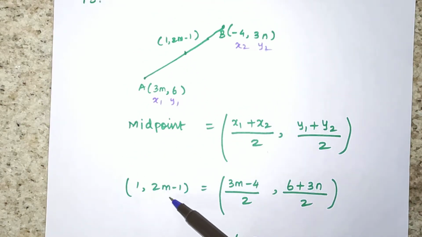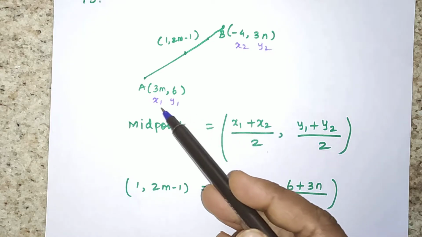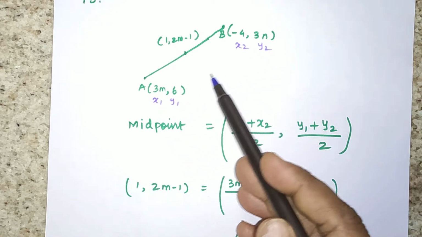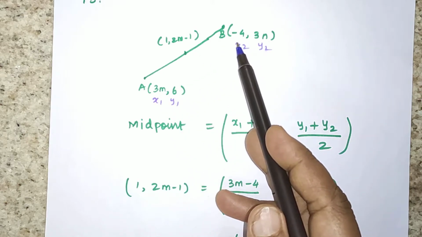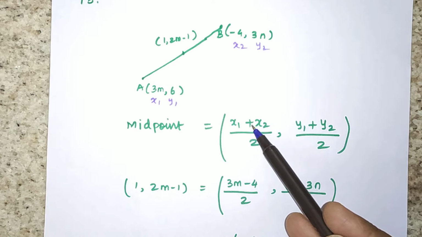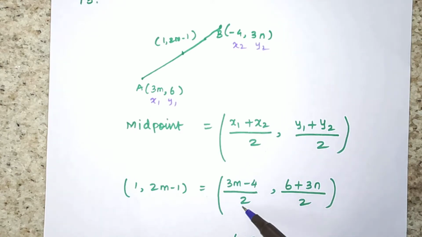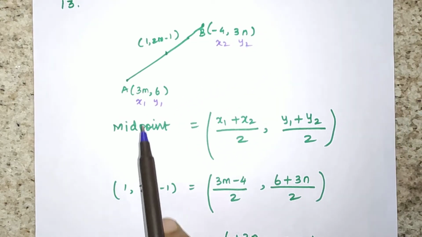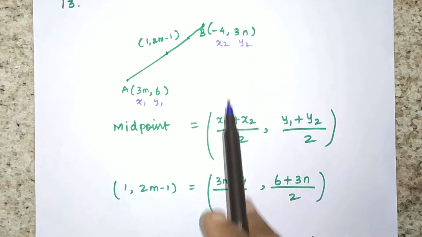So 1 comma 2m minus 1 is equal to, here you indicate this one as x1 y1, here x2 y2. So (3m minus 4)/2 comma, y1 is 6, so (6 plus 3n)/2.